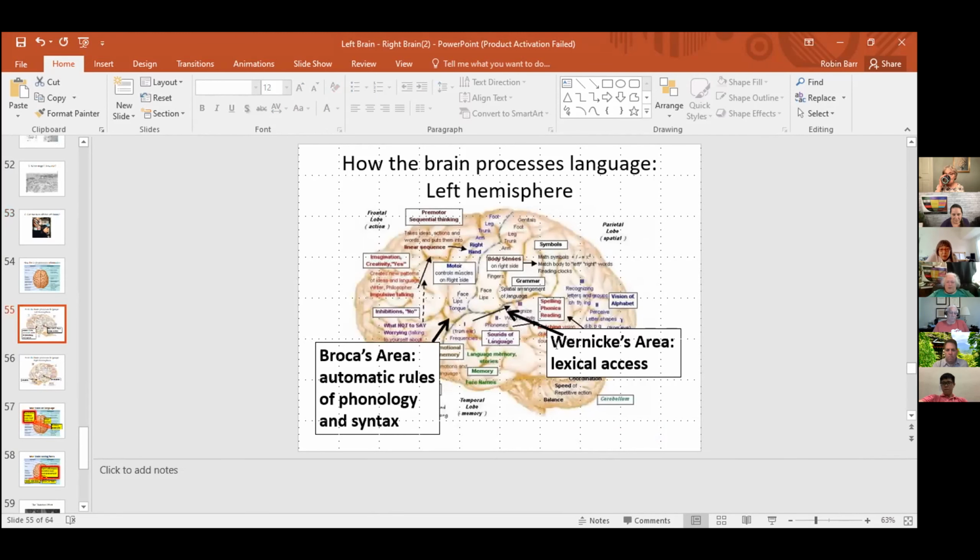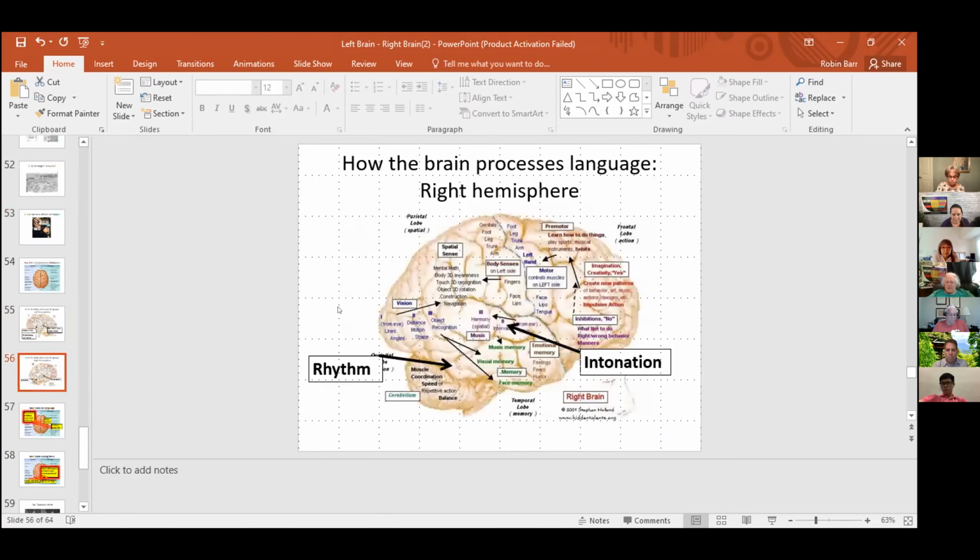So this is not just a right brain, left brain thing, although most of the higher level processing is in the left brain, but there's some higher level processes that are in the right brain, like intonation, face recognition, some shape ability to move shapes around. So what I would say is that it's not a left brain, right brain thing.